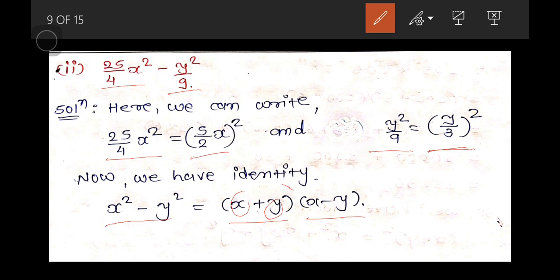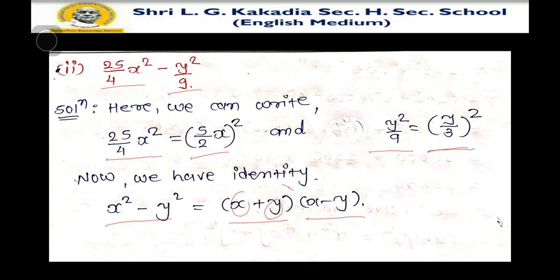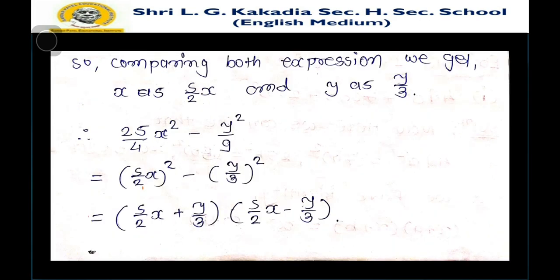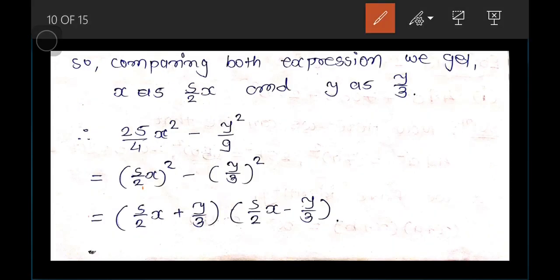So we can put these values in the given expression, then we can factorize the given polynomial. So comparing both expressions, we get x as 5/2 x and y as y/3. Okay, so now we put these values in the given expression and we can factorize the given polynomial.